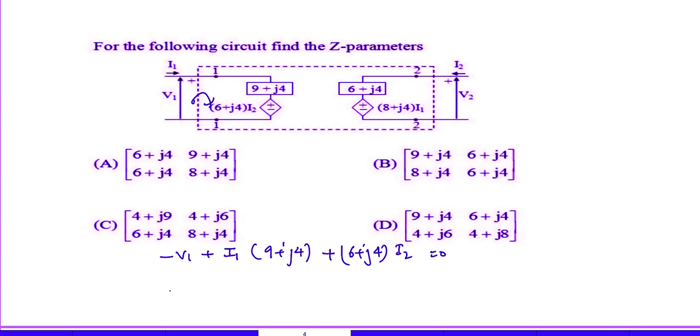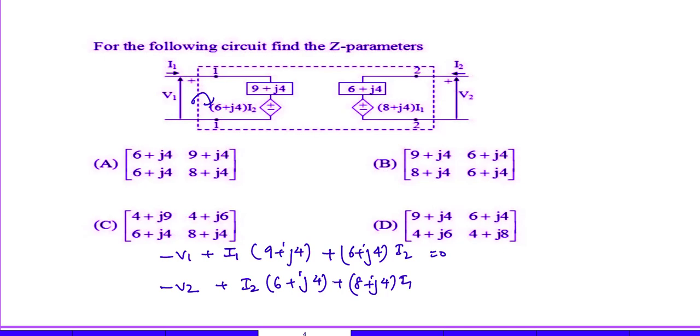Similarly, apply loop in the second port network: minus V2 plus I2 into (6 plus j4 plus 8 plus j4) plus j4 into I1.